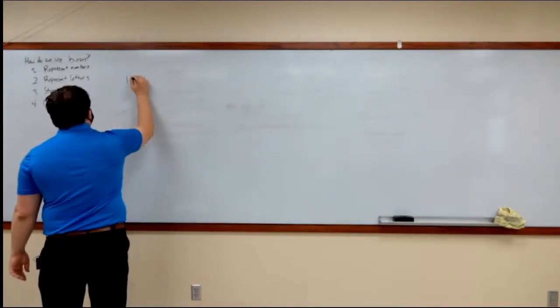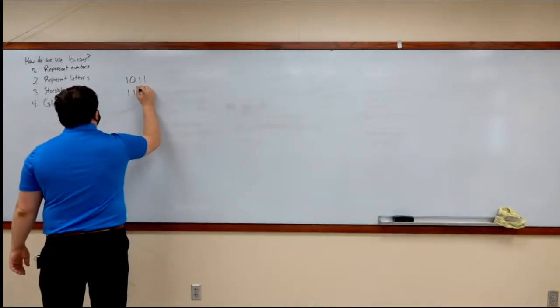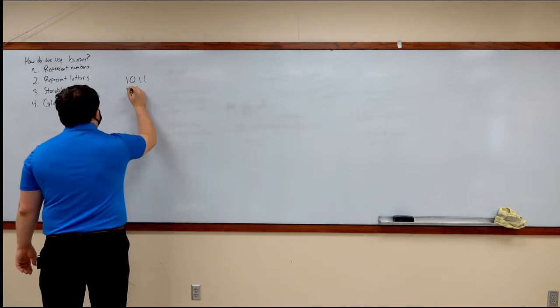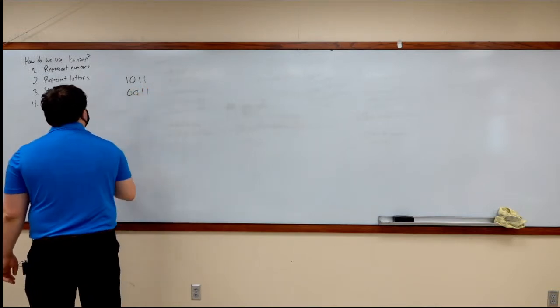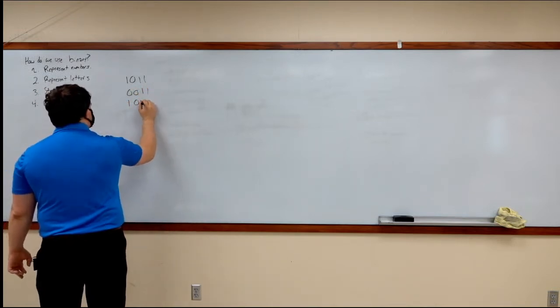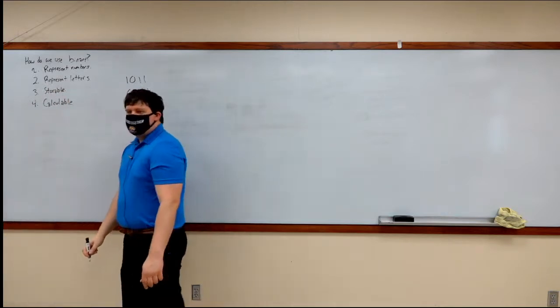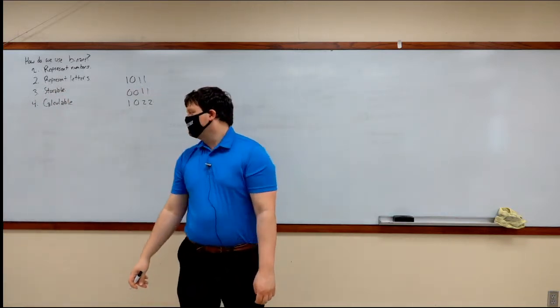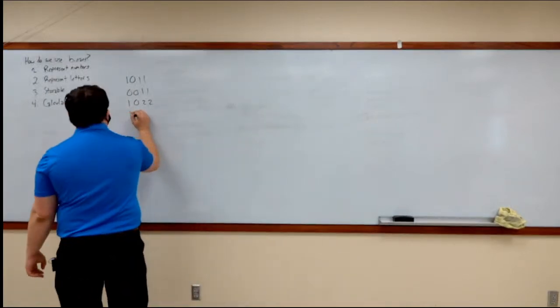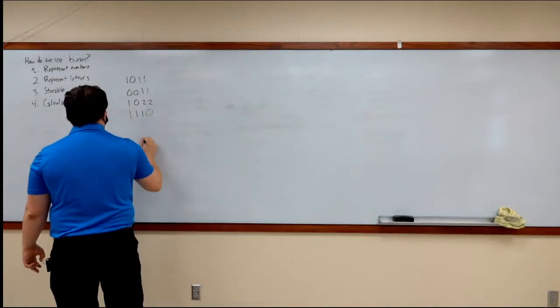So how do we add this? How do we add this and this? Does this just equal 1, 0, 2, 2? No. This ends up equaling 1, 1, 1, 0.